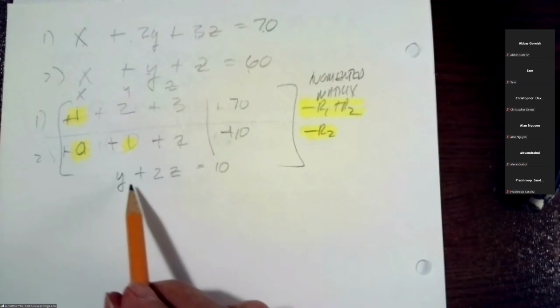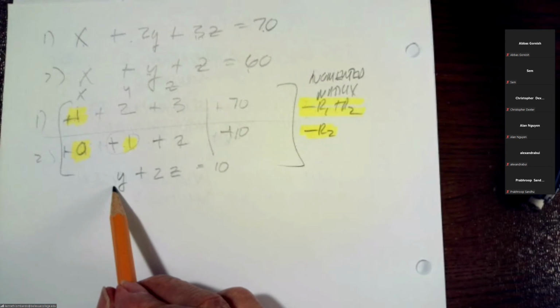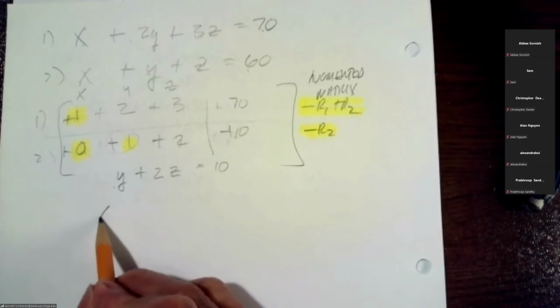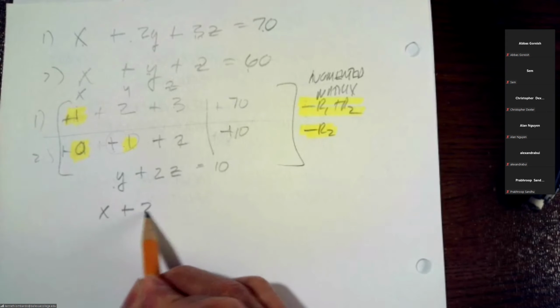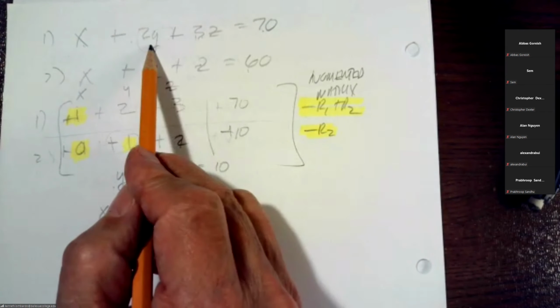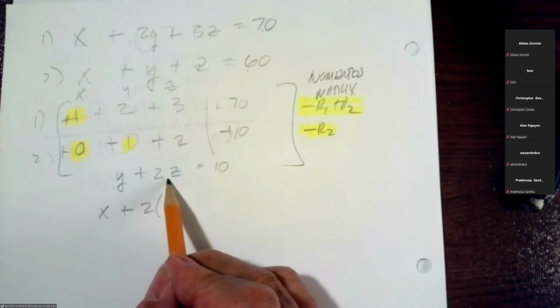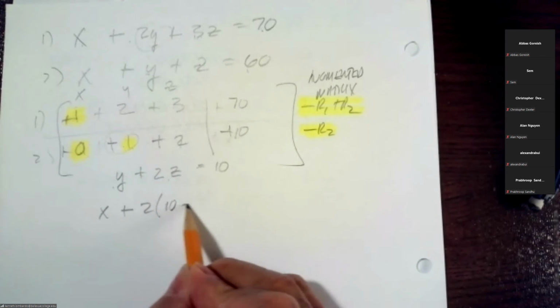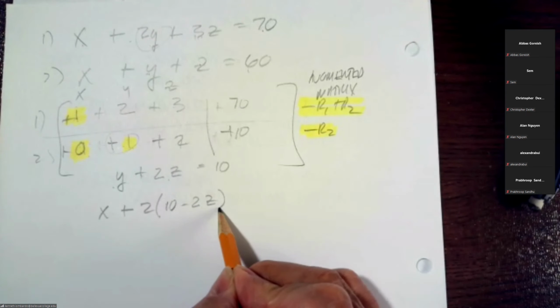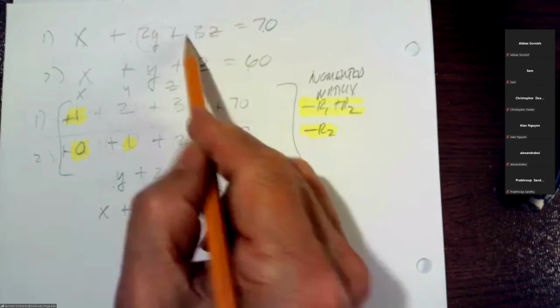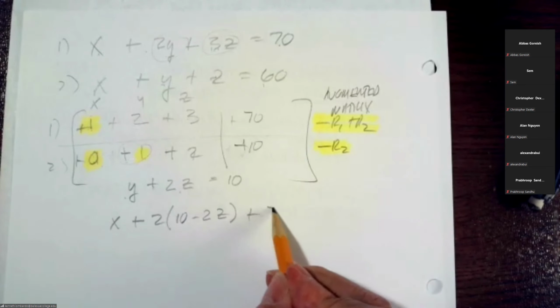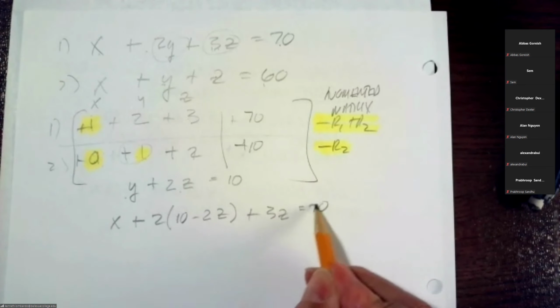So we can solve this for Y in terms of Z, and we can solve it for X in terms of Y. We could say X plus 2 times this thing, which is, if we solve for Y, we get 10 minus 2Z, don't we? 10 minus 2Z, plus, we're substituting back into here, plus 3Z equals 70.